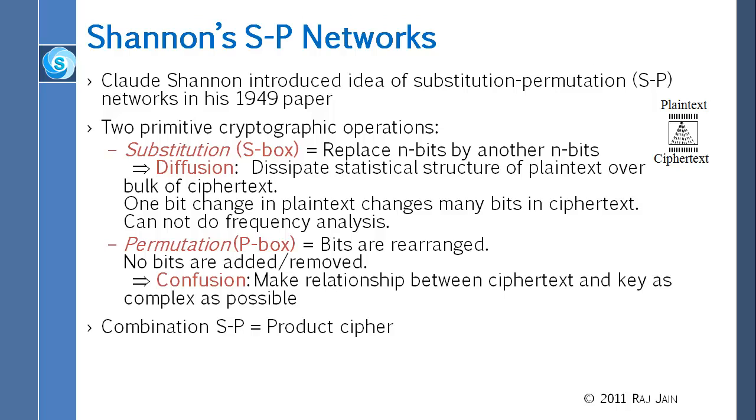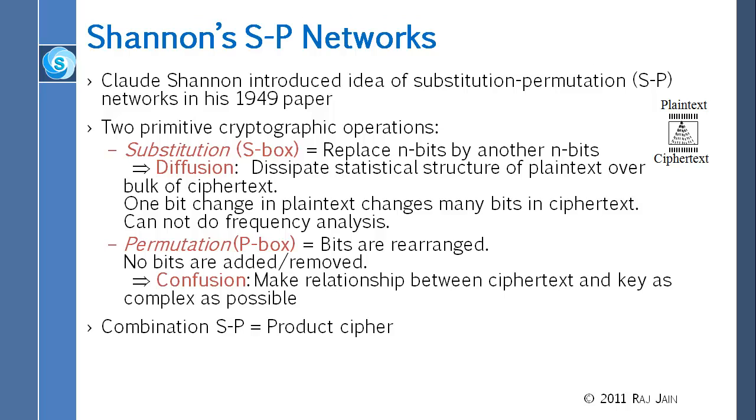Remember we talked about product means you do one and then you do the second one, both. So we'll do substitution and we'll do permutation. And not only that, we will do that many times. So we call it one round. When we do one substitution and one permutation, that is one round. And then we will do many rounds. So it becomes really complex so that people cannot break it.